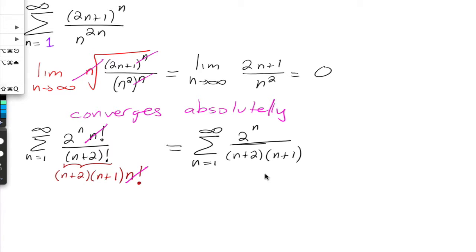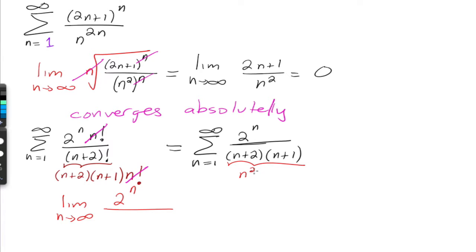Yeah. What happens if you take the limit of this, just the sequence itself? If you take the limit as n goes to infinity of 2 to the n over, let's write this out, n squared plus 3n plus 2, what is that?